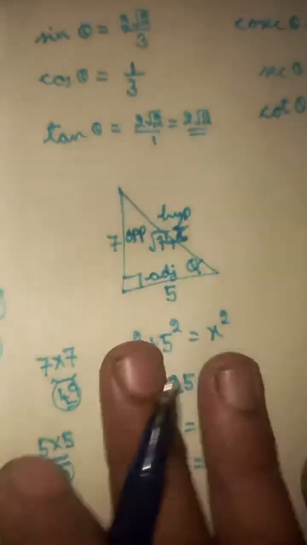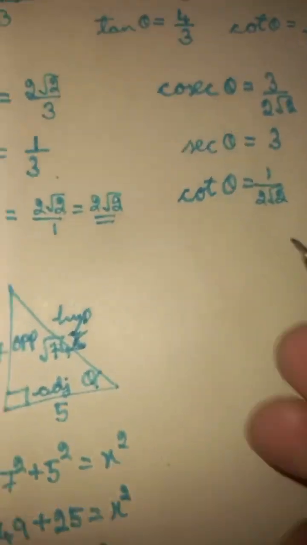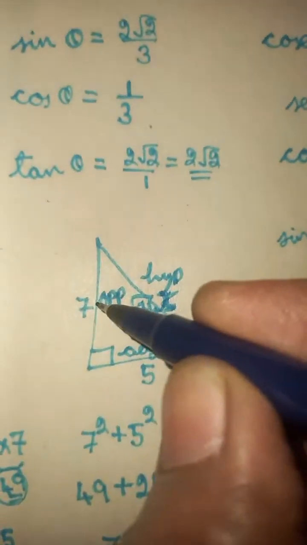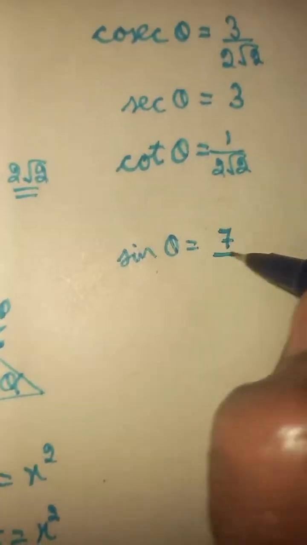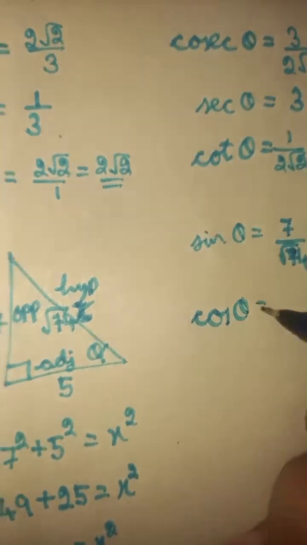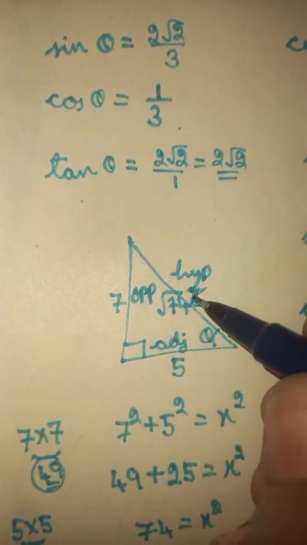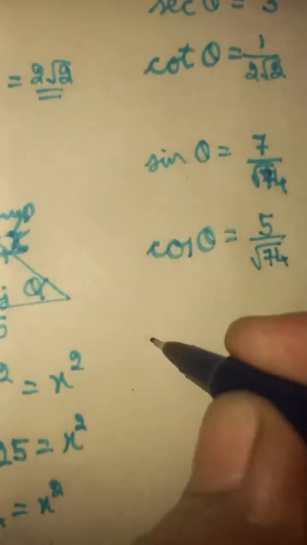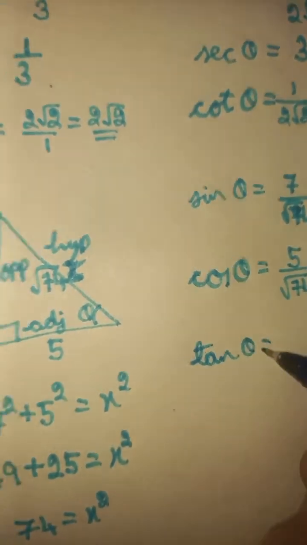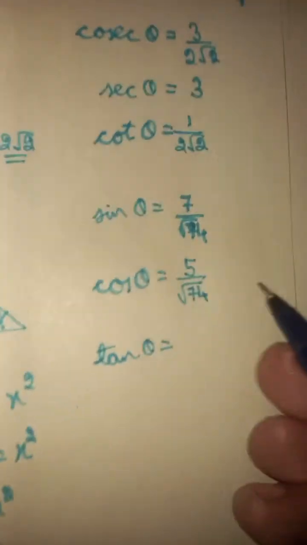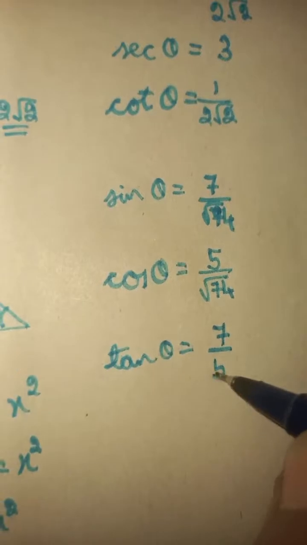Sine of theta means opposite by hypotenuse, so it is 7 by root 74. Then cos theta means adjacent by hypotenuse, this is adjacent 5 by hypotenuse root 74. And tan theta will be equal to opposite by adjacent, so it is 7 by 5.